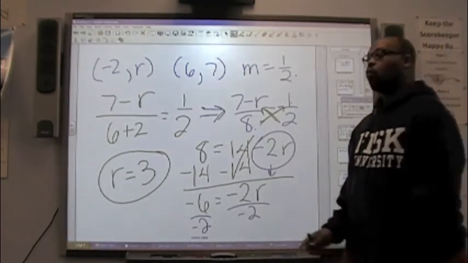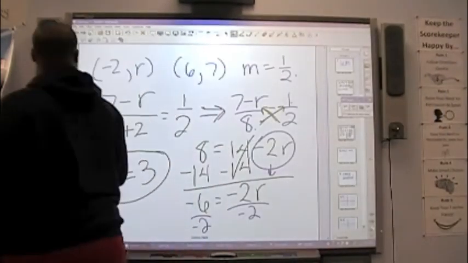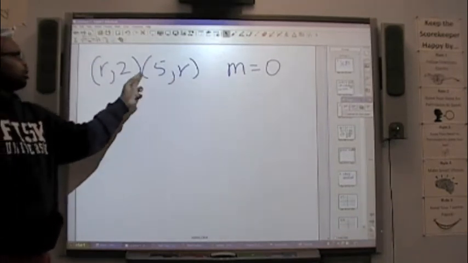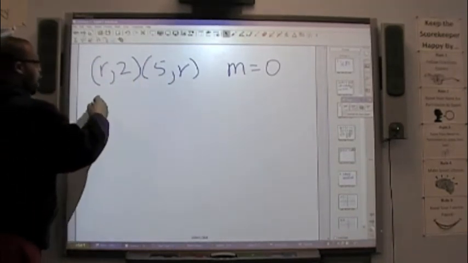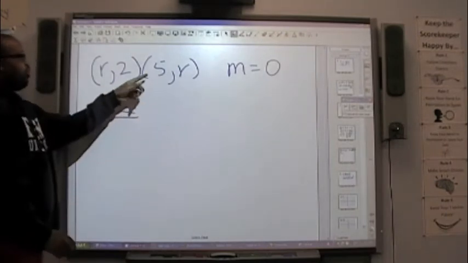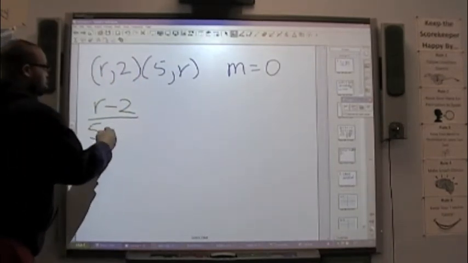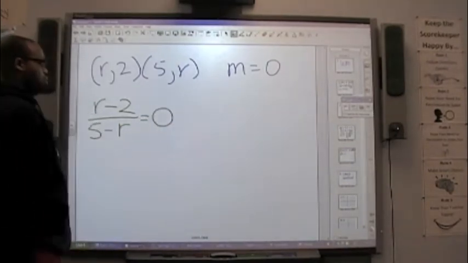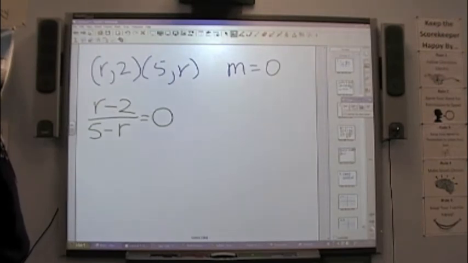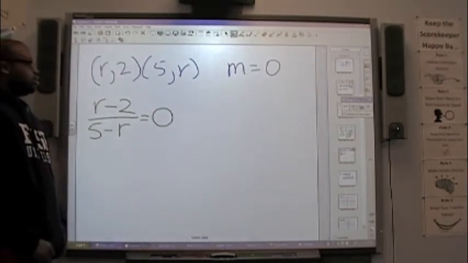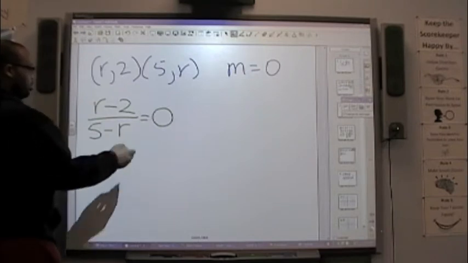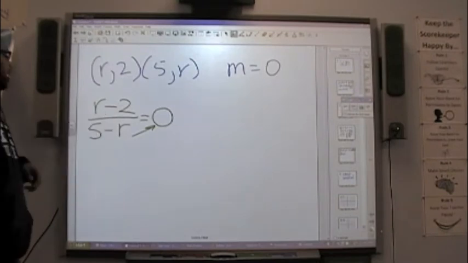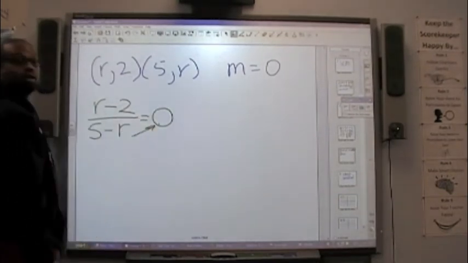Let's try one more. Sticking with the theme, r minus 2, final minus initial in my y, over 5 minus r, final minus initial in my x. My slope this time is 0. This is going to be easy because all I have to do is cross multiply this 5 minus r to that 0.